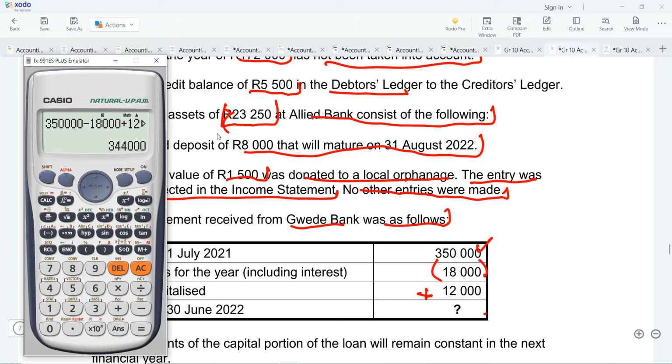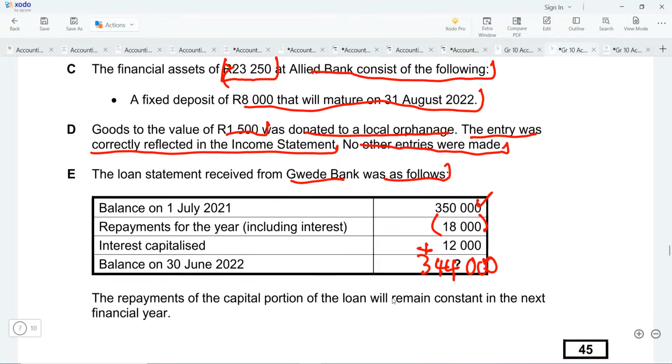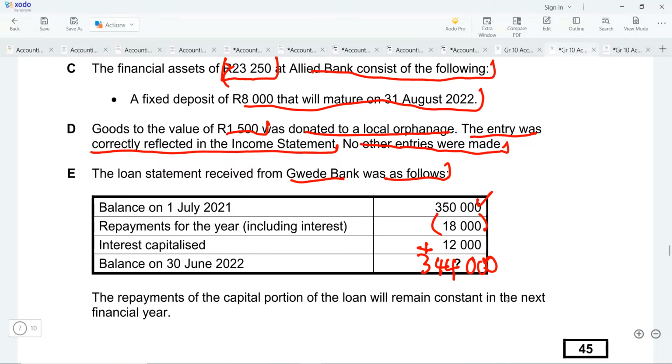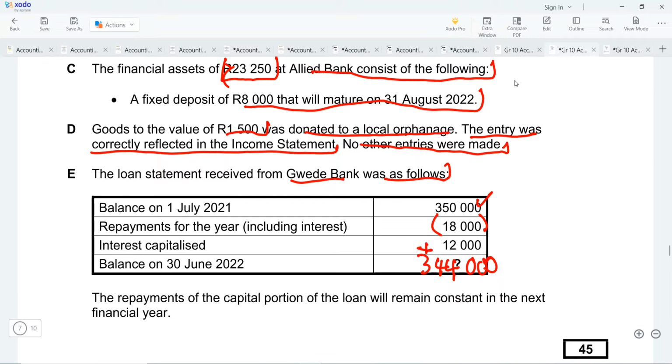So the closing balance is supposed to be 344,000. We need to show how we got this closing balance in the balance sheet so that we can deduct the current portion, and then from there I think we'll be done with our adjustments. So let's show that part. Remember, it's 350,000 minus 18,000.